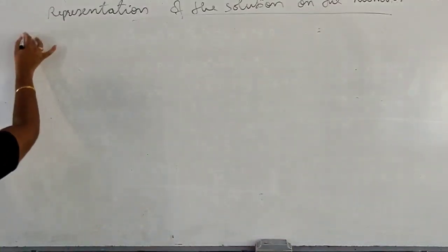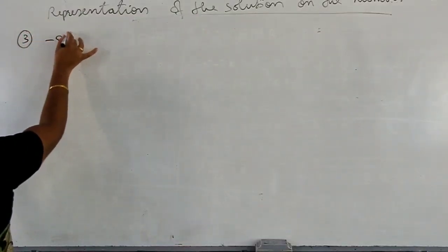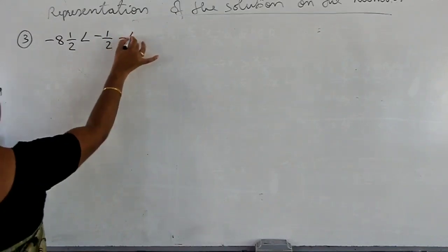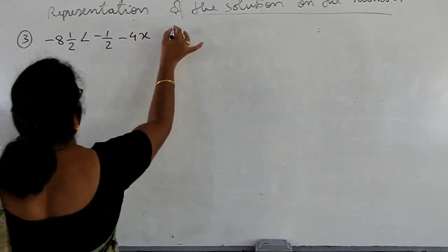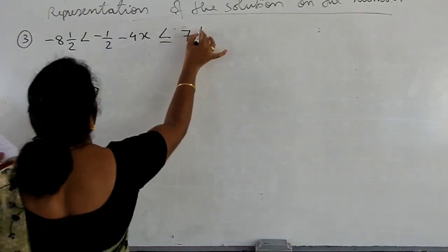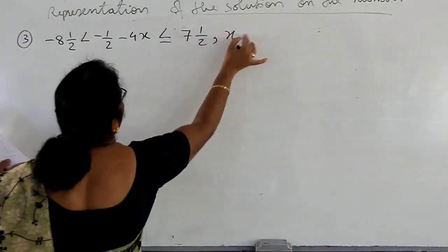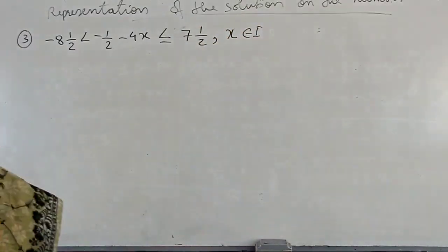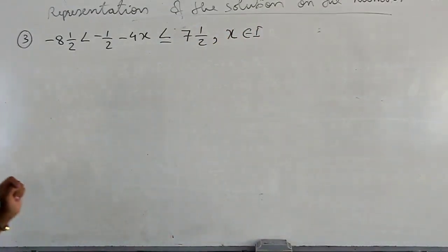The question is: minus 8 and 1 by 2 less than minus 1 by 2 minus 4x less than or equal to 7 and 1 by 2, x belongs to integer. Solve and represent this solution set on the number line.